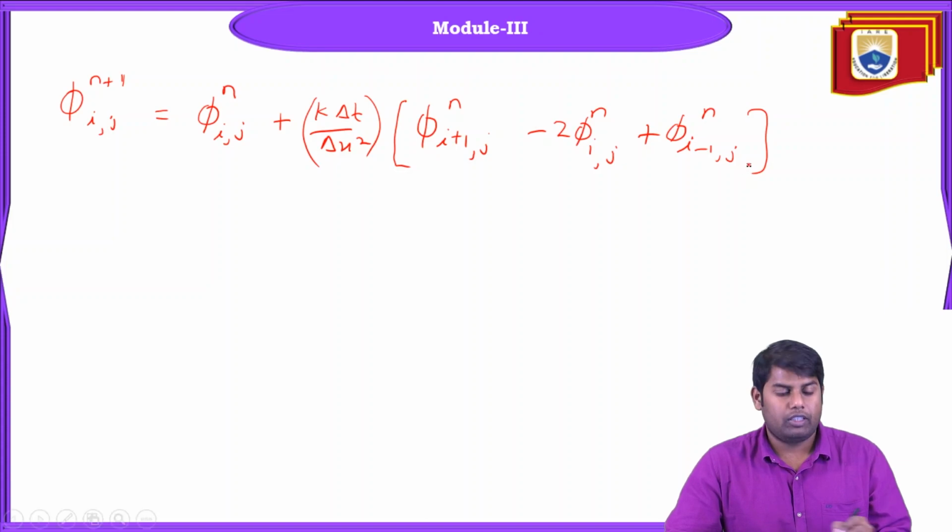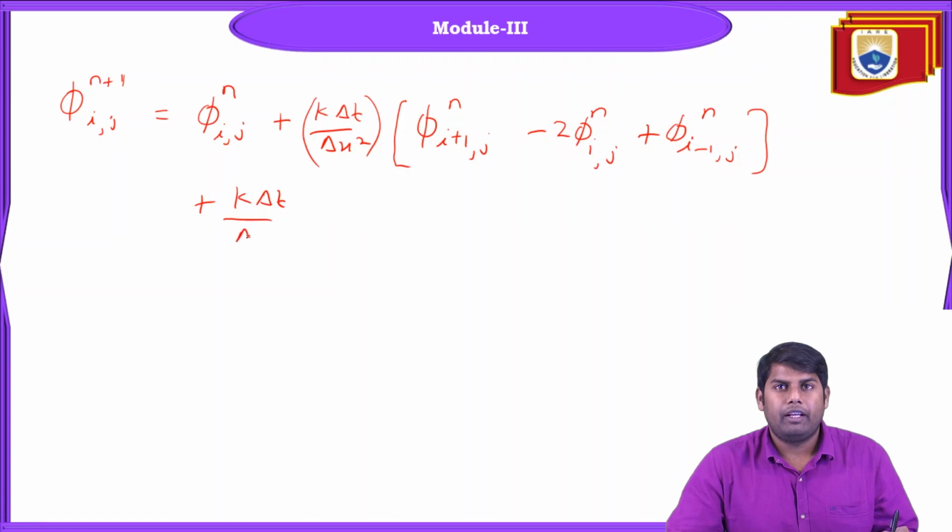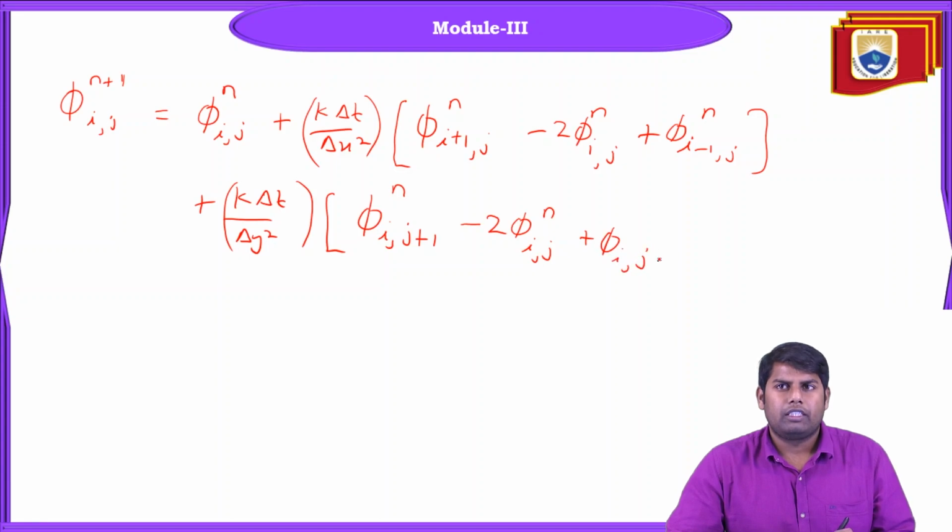So this is one term, plus k delta t divided by delta y square, into phi of i comma j plus 1 to the power of n minus 2 phi of i comma j to the power of n plus phi of i comma j minus 1 to the power of n. So this is the equation we have solved.